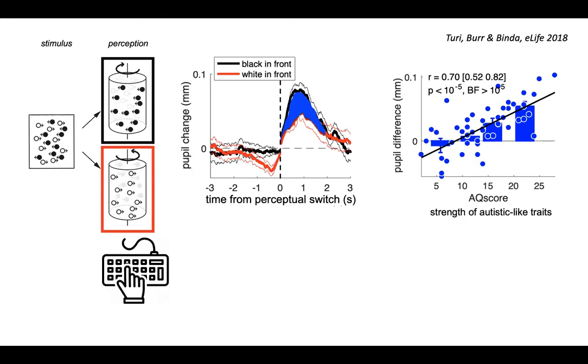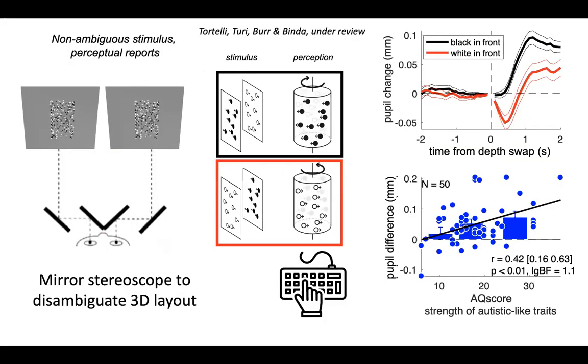And this is confirmed by a follow-up experiment where we completely got rid of the illusory and bistable aspects of the stimulus, and we disambiguated the motion of the dots by using disparity, retinal disparity.